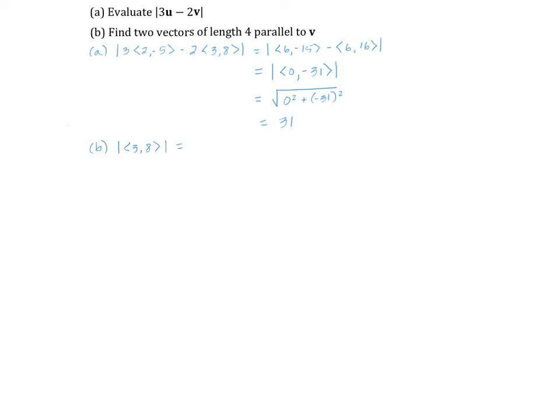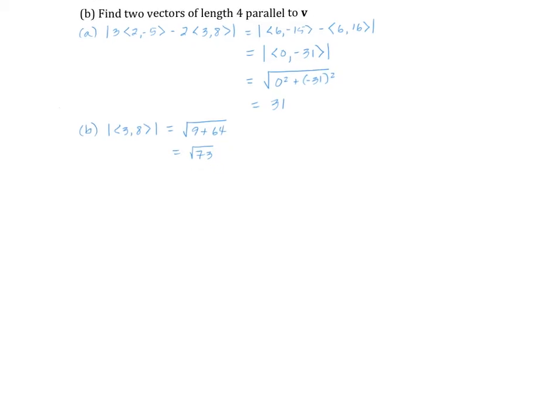The magnitude would be the square root of 9 plus 64, which is the square root of 73. So my vector v has a magnitude or a length of square root of 73.